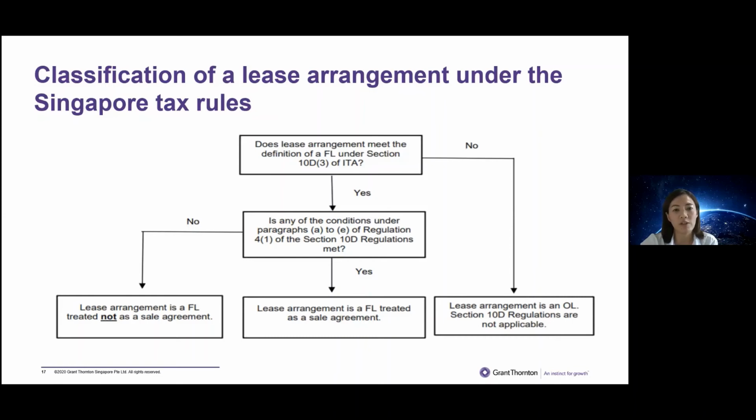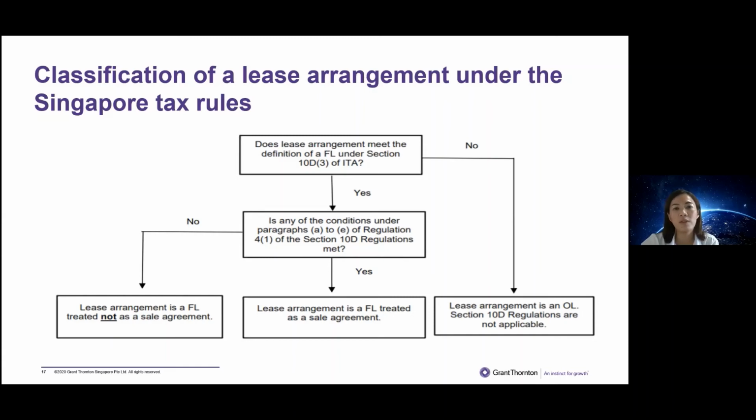This is the regulation we're talking about, to determine whether the finance lease arrangement is a finance lease treated as a sale agreement, effectively whether the asset has been sold to the lessee or not. If it is, then it's one set of tax treatment. If it's not treated as a sale, then the tax treatment is essentially similar to an operating lease. So broadly for tax purposes, there are 2 different tax treatments: one is operating lease and one is a finance lease treated as a sale agreement.